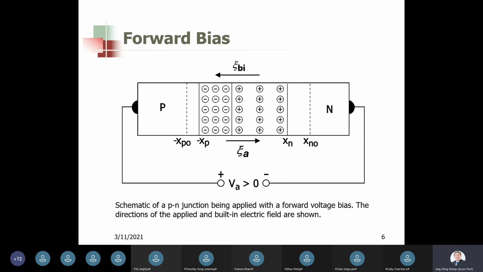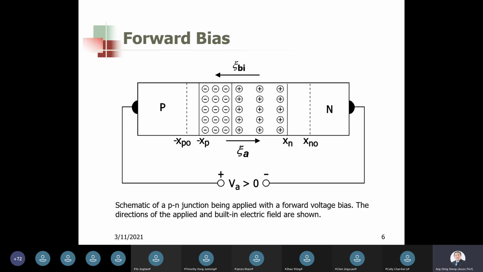Now, remember the purpose of the built-in field. Right, a few moments ago, I mentioned the built-in field is there to block the diffusion of the majority carriers across the junction. Now, under forward biasing, the applied field opposes the built-in field and weakens it.